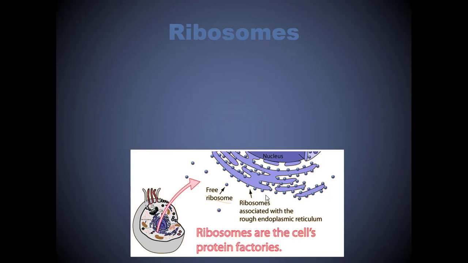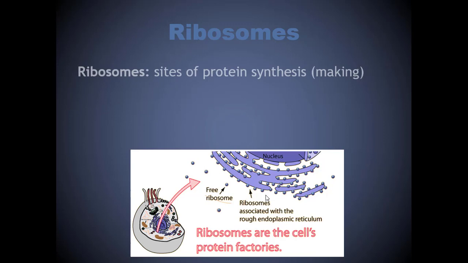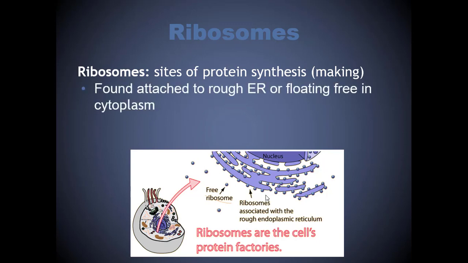They are the sites of protein synthesis, or making. They are found attached to the rough ER or floating free in the cytoplasm. So either they are floating or they are attached to the endoplasmic reticulum, and that's what makes it rough, because once they are on the surface, it gives it a coarse look or feel, if you like.